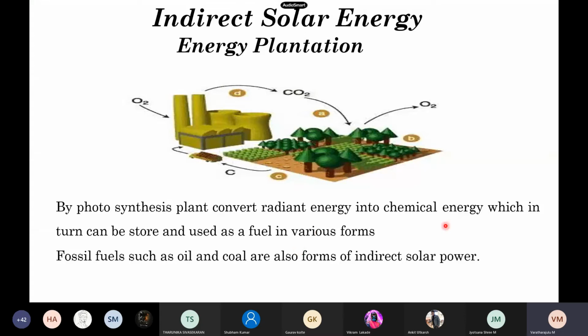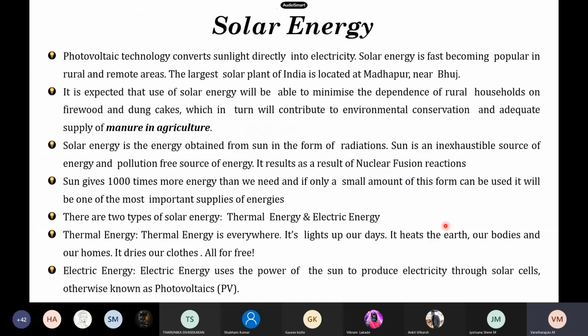See here, the photovoltaic technology converts sunlight directly into electricity. The solar energy is fast becoming popular in rural and remote areas. In India, we have various solar power plants across various states. We have solar power stations, and we'll discuss a little in detail about the solar panel.